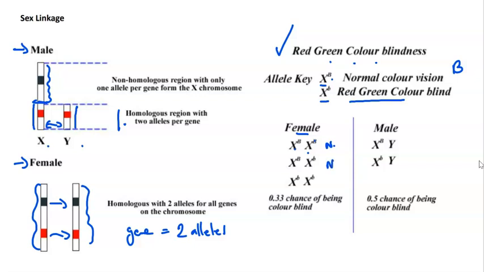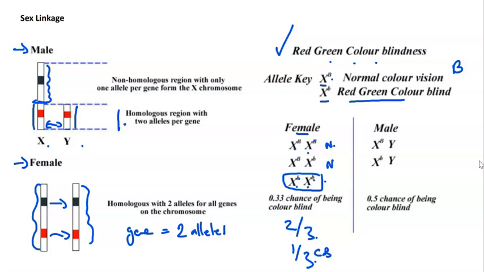And then the third genotype is X little b, X little b, and this person would have the double recessive genes for red-green color blindness, and this individual would be red-green colorblind. So that's an incidence of 2 out of 3 genotypes being normal, and 1/3 of the genotypes being colorblind.